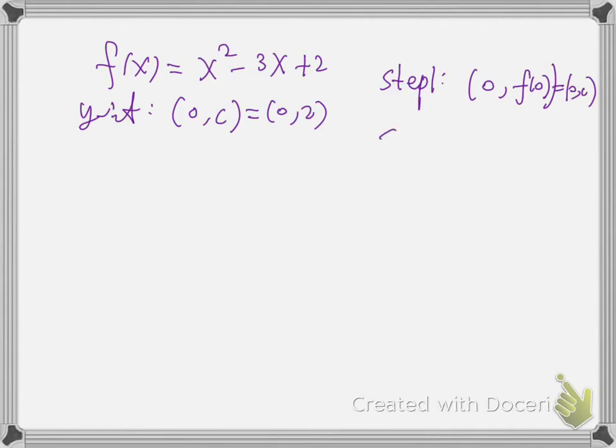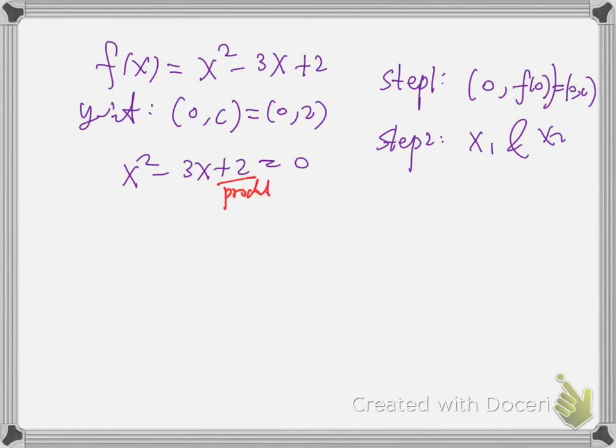So step 2, we find the x-intercepts, x1 and x2. So x squared minus 3x plus 2 is 0. We can factor the left hand side. Product 2, sum negative 3.